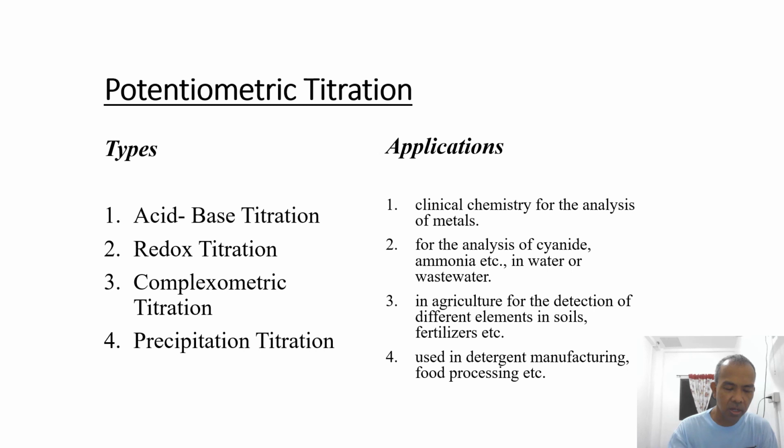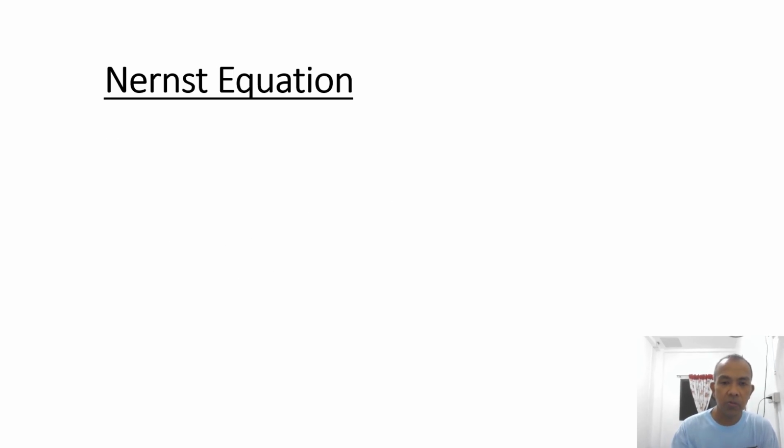Here, a salt bridge is used to prevent interference of the analyte with the reference electrode. Now we will go to the Nernst equation to give you some examples of computation using potentiometry.